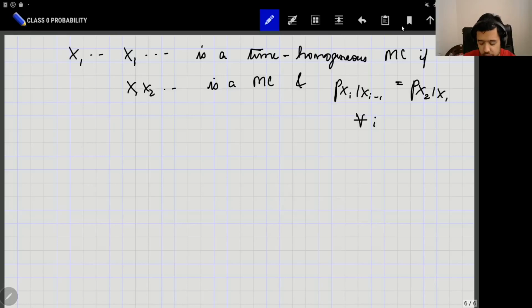Okay, so this is the definition of a time homogeneous Markov chain, and to completely specify a time homogeneous Markov chain, you need to specify two things. One, this conditional distribution, which is sometimes called the kernel of the Markov chain, or the transition probability of the Markov chain.